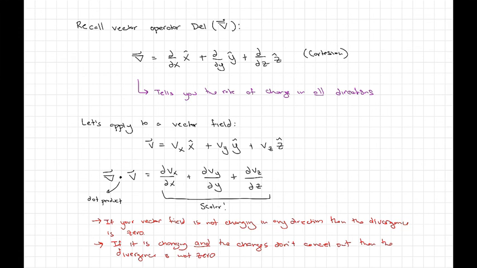If it's confusing because you're looking at a vector field and it's clearly changing, but I'm telling you that the divergence is 0, or the math is telling you that, it's probably because the rate of change in one or more of these directions is canceling out. So when you actually calculate this, each term may not be 0, but when you add them together, they could sum to 0.